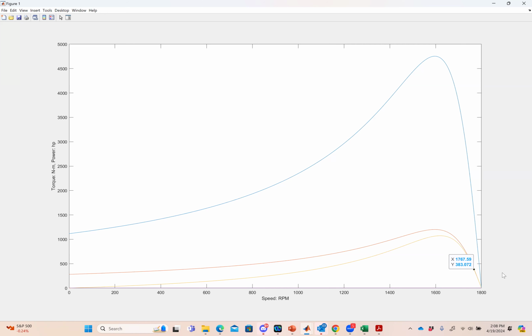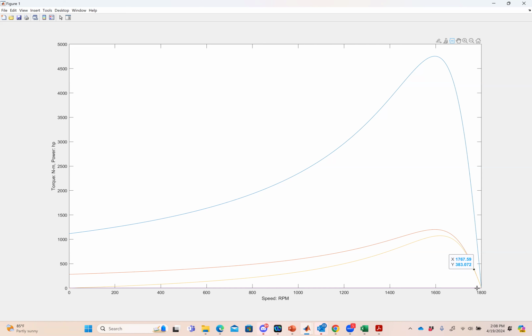At that point, he's around 400 or so horsepower. So he could go a little bit higher than he is at this particular operating point. But the important thing is the mechanical power is 0 at 0 speed and 0 at full speed.